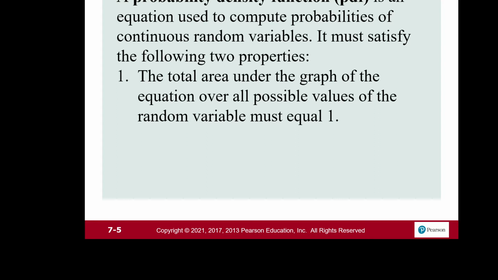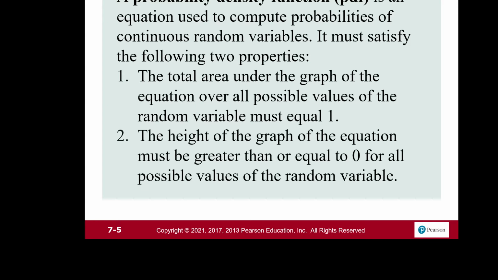A probability density function, we sometimes call it the PDF, is an equation used to compute probabilities of continuous random variables. It must satisfy the following two properties. The total area under the graph of the equation over all possible values of the random variable must equal 1, and the height of the graph of the equation must be greater than or equal to 0 for all the possible values.